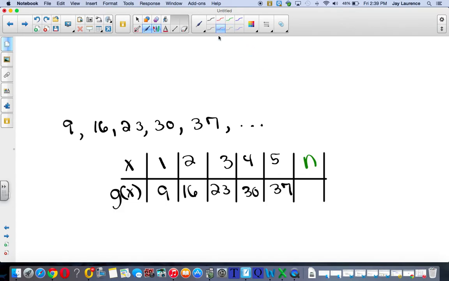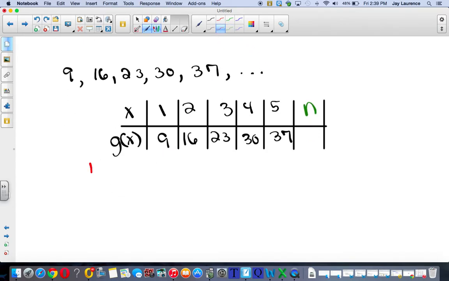Remember, step one, after I've made my table, is find the first differences. Some of you already see it. Plus 7. That's plus 7. That's plus 7. And that's plus 7. So my first differences are all going up by 7.